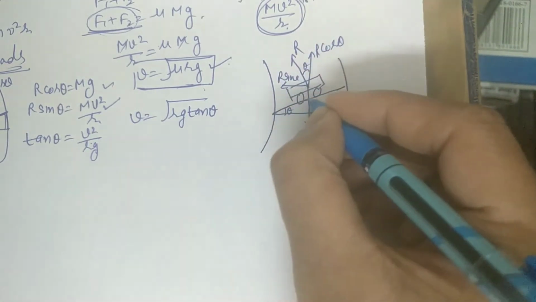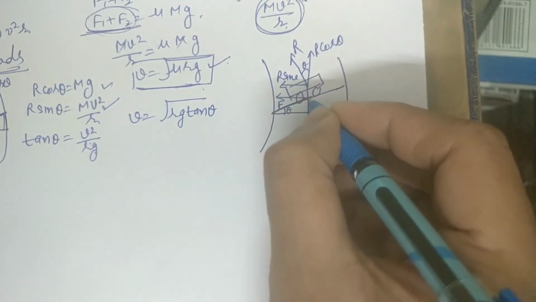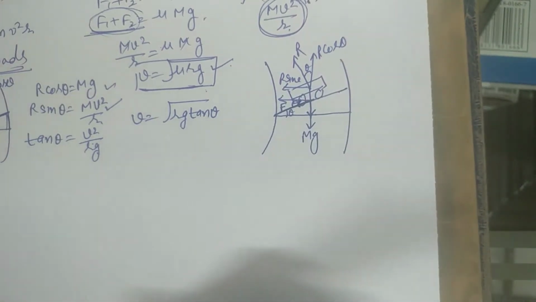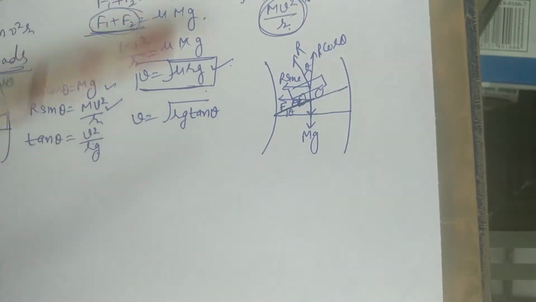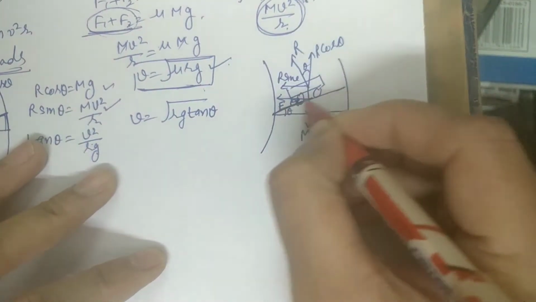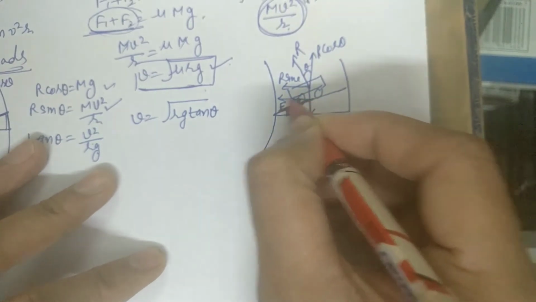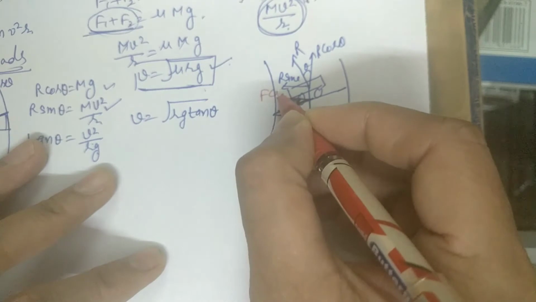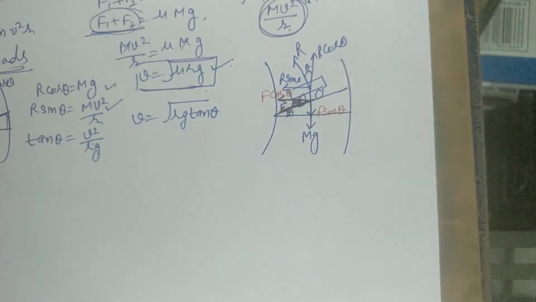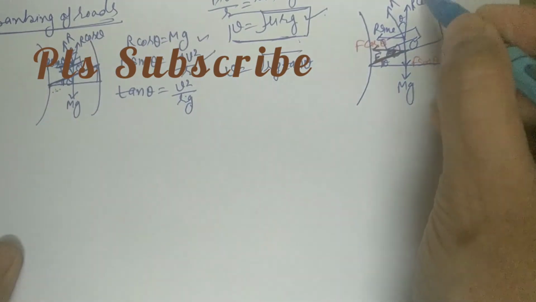This is the force of friction F, which can be resolved into two components, F cos theta and F sin theta.